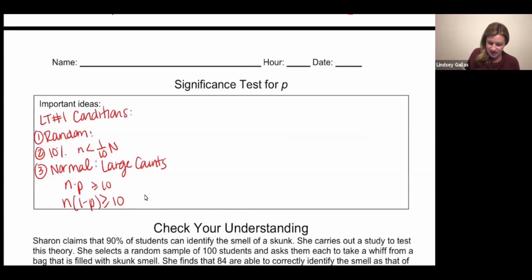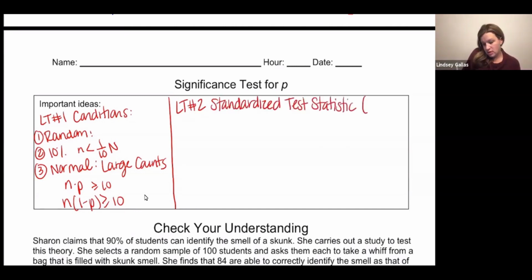All right, and then our second learning target was about calculating a standardized test statistic, which is really a z-score, and then calculating a p-value. So a standardized test statistic is a z-score. I'm going to put that in parentheses so don't forget. And p-value.